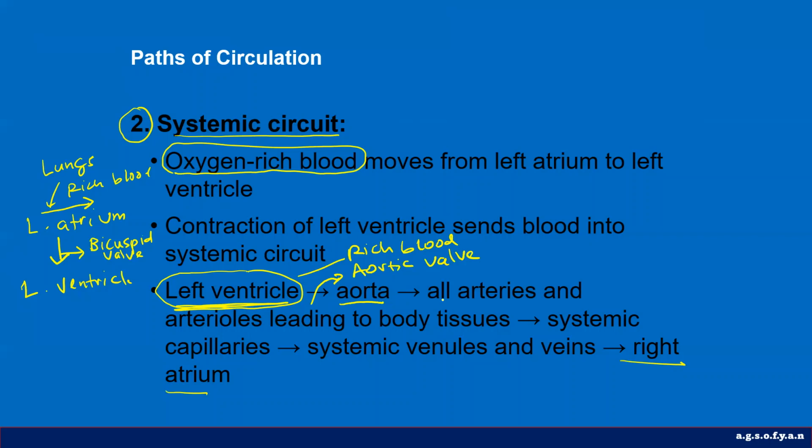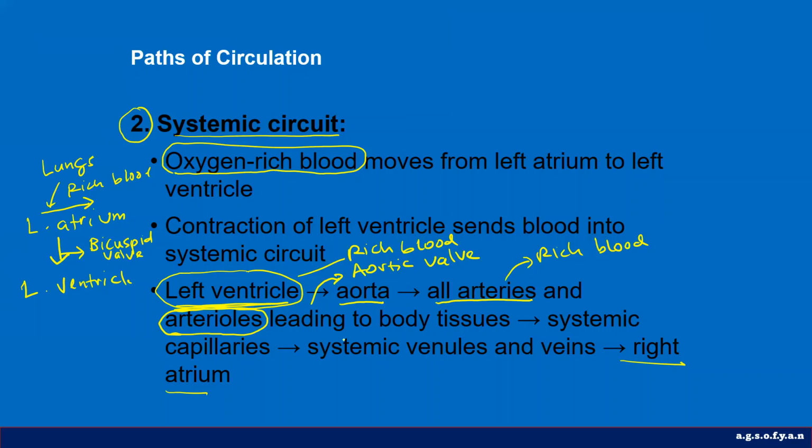So the aorta will branch into many arteries, and these arteries will carry rich blood to each organ. And then inside the organs, the smaller arteries become arterioles, which are one of the smallest blood vessels.